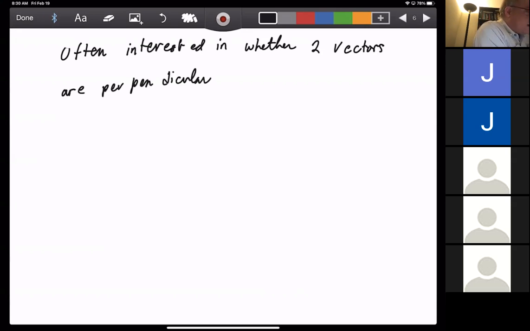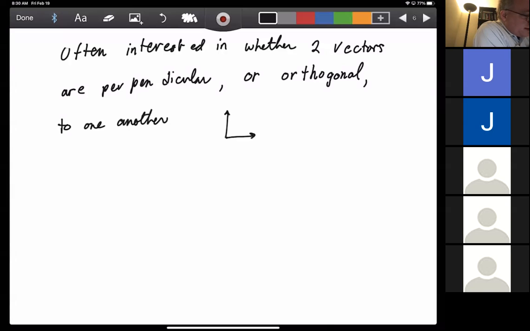Another word for perpendicular is orthogonal. And by that, we mean there's a right angle between the vectors.